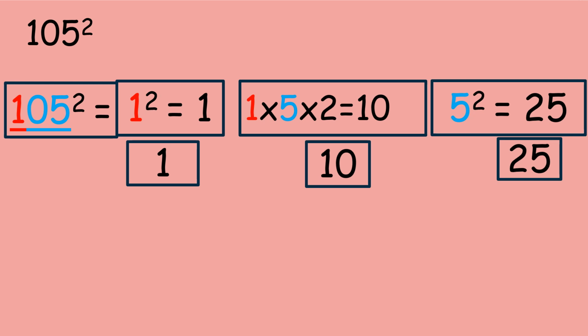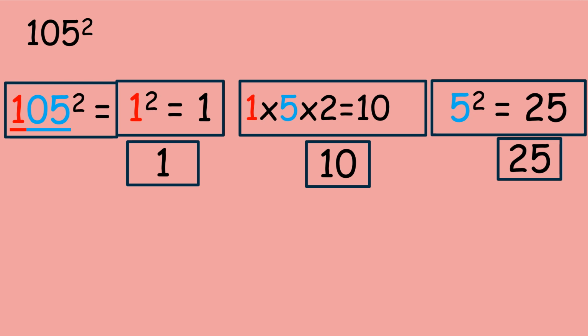So since we have 3 digits, the middle term, which is 10, has 2 digits, so we are good to go. The third term, which is 25, also has 2 digits, so we are good to go. The first term here, which is 1, is able to accommodate as many digits as possible.